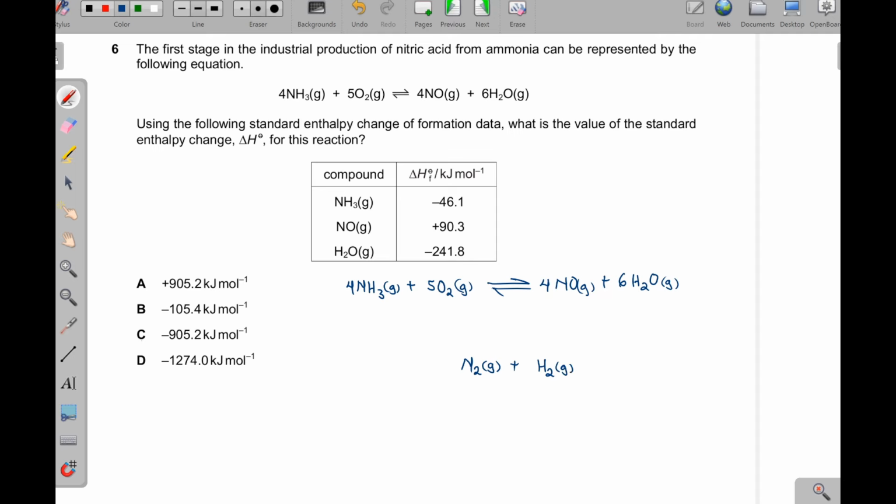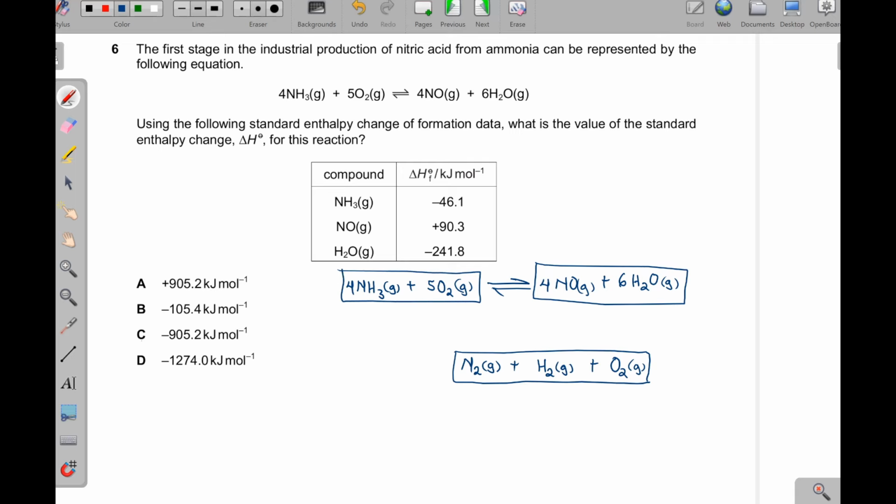Then also oxygen, the same diatomic molecule. So I'm having this one here for the elements in their standard states. Now, from here, we are forming ammonia. But nitrogen here is 4. That means I can multiply this one by 2 to get the 4 nitrogen.